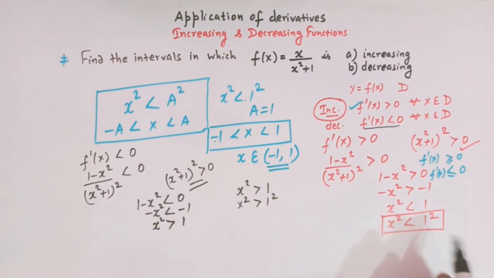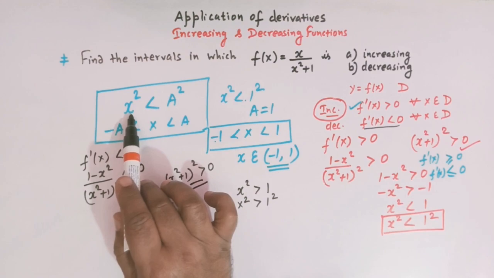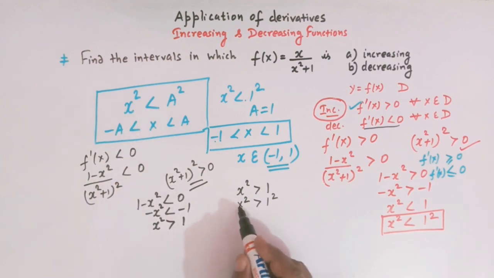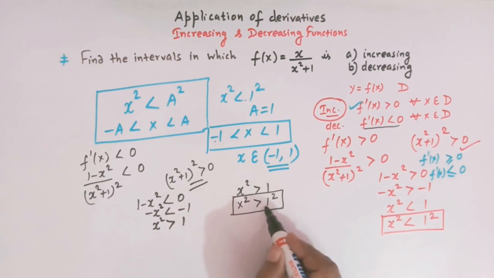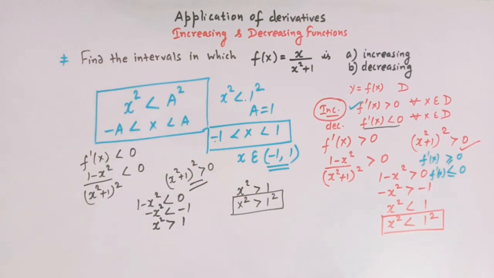So now see, when we have x square less than 1 square, we have this inequality, right? But here we have x square greater than 1 square, right? So for this type of inequalities, we have one more result of this type, right? And the result goes like this.